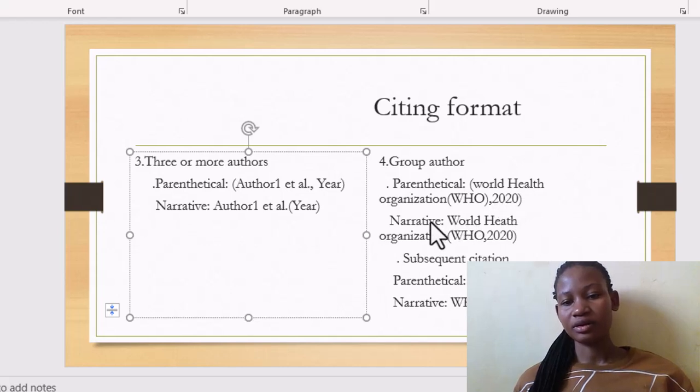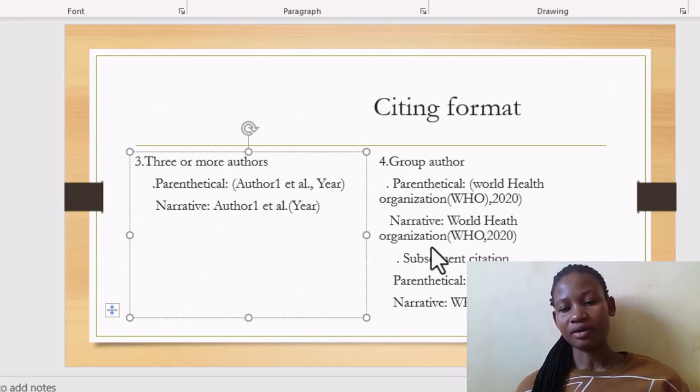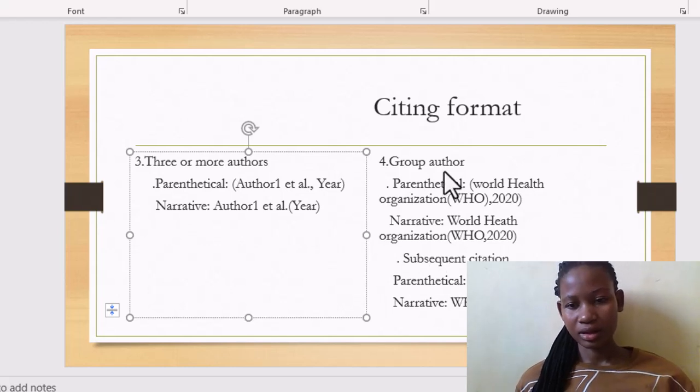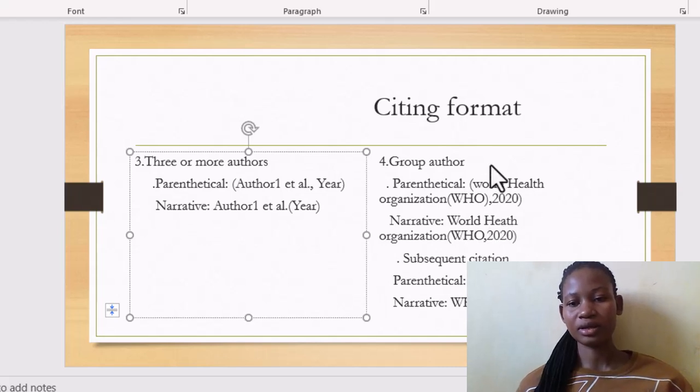Then for the narrative form we only put the year in the bracket. What I forgot to tell you is that for the narrative format you speak about what that given organization or a given author spoke about. But for the parenthetic we just give the author or group author and then just stop there.